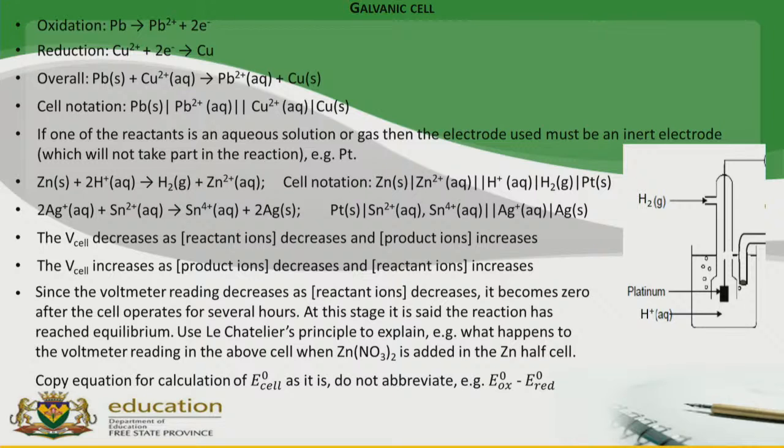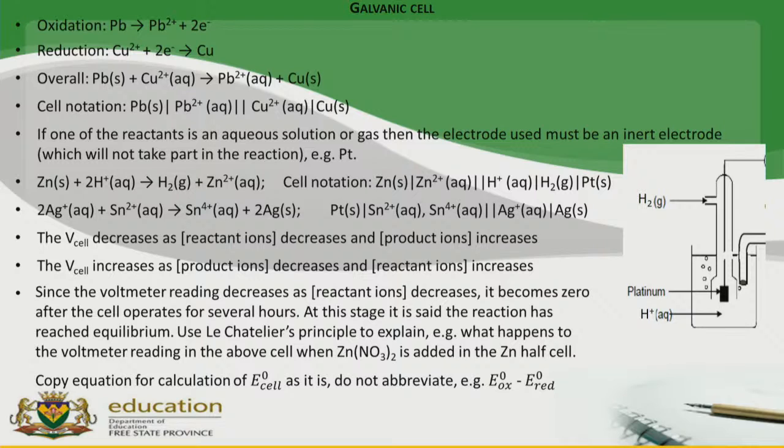But that electrode must not be reactive, because if it is reactive, instead of hydrogen reacting, it means it will be that electrode reacting. So it must be an inert electrode. It is unreactive, and an example of that unreactive electrode is platinum.